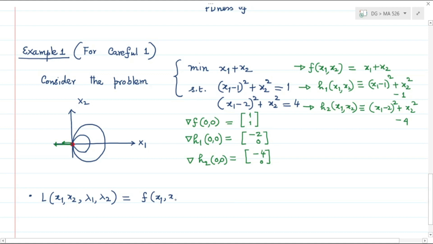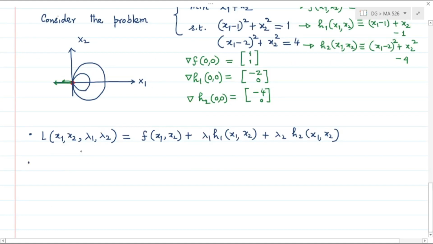And after the Lagrangian, in step 2, what do you do? In step 2 we consider del L/del X and del L/del lambda, both equal to 0, or this vector, which precisely we can think of as the gradient of L.